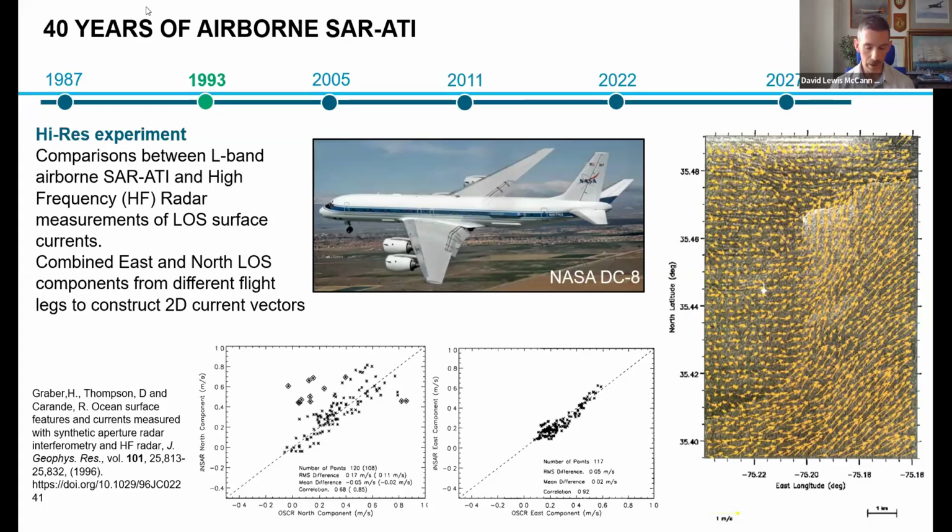But this time they flew these line of sight measurements in two orthogonal directions, so a northerly flight and an east-west flight, to produce the two orthogonal components to make an ocean surface motion vector, which you can see on the right-hand side here. So these were the first 2D current vectors created with these technologies. They also produced the first comparisons with other remote sensing data. So there were some comparisons with HF radar surface motion measurements as well.